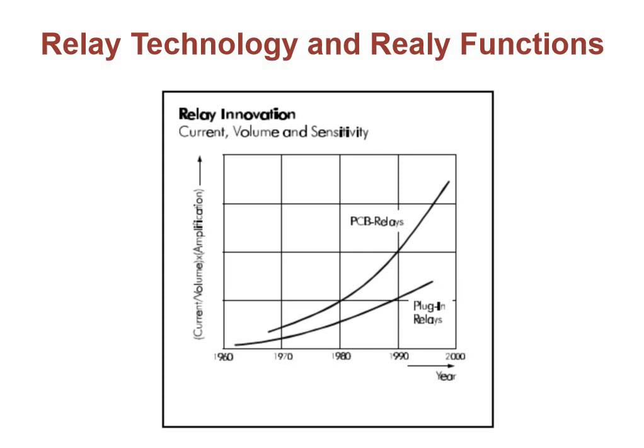Separation of AC and DC circuits. Interface between electronic and power circuits. Multiple switching operations or functions, for example delay or signal conditioning, etc. Then the amplifier function. These are some important functions of the relay in our electrical engineering field.